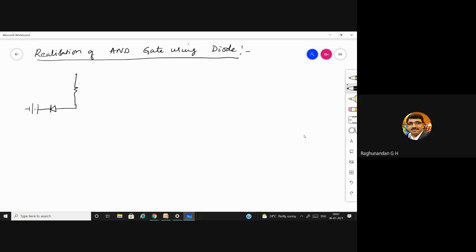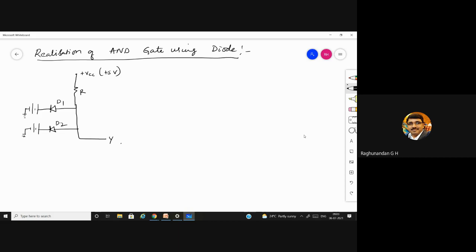We have a diode D1, D2, and Y. This is R, and plus VCC, which is 5 volt.